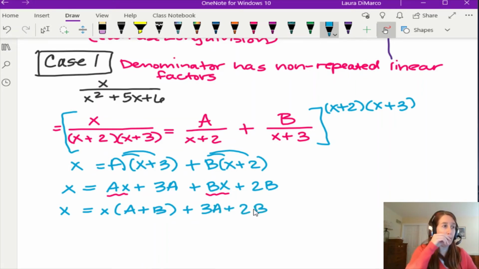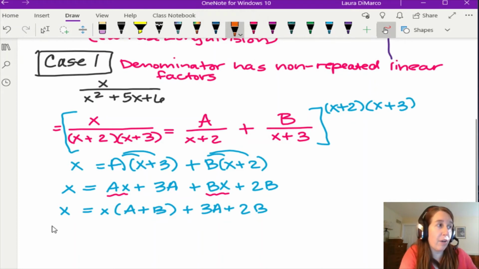Okay? All right, now this is the part that took me a while to get, so really focus here. Think about this side of the equation as it needs to match this side of the equation. This side of the equation is an x and no other numbers. Agreed? So we could call it x plus 0.